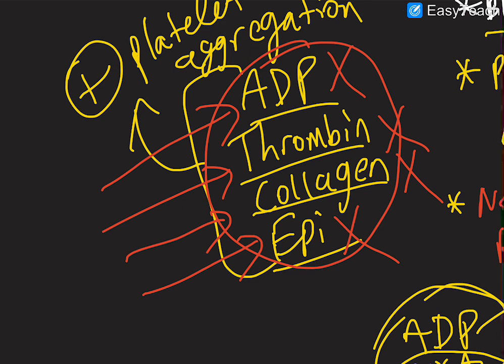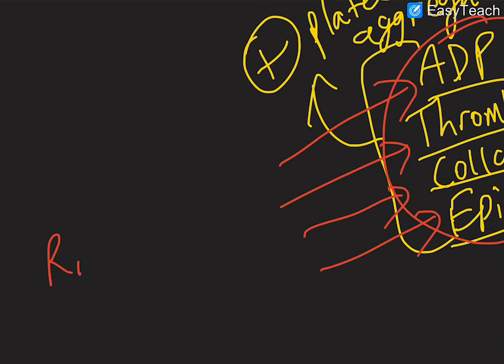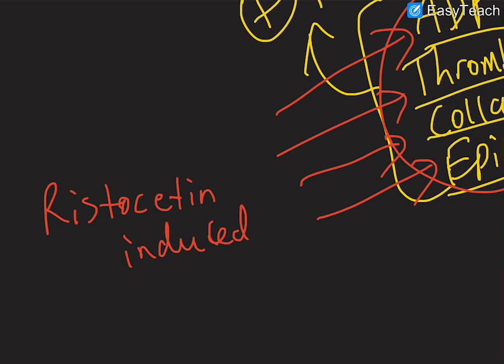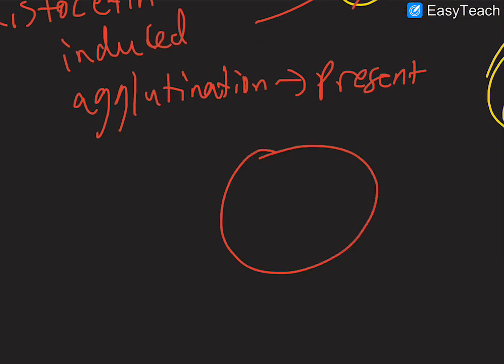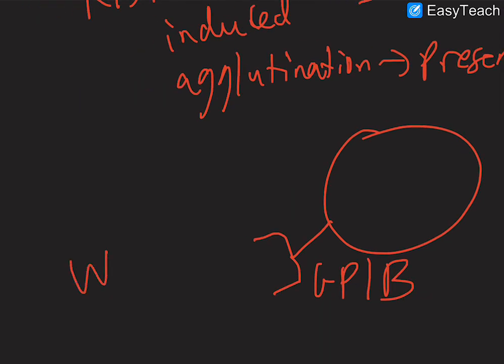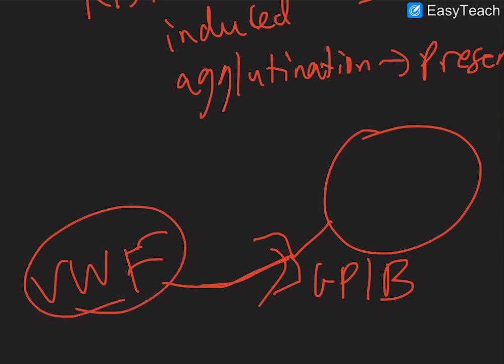But if you give ristocetin, that'll be a normal response. Ristocetin-induced agglutination will be normal, will be present. Why? Because your platelets have functional and normal amounts of glycoprotein 1b. Ristocetin forces von Willebrand factor to bind and agglutinate, which, when talking about the ristocetin test, means von Willebrand factor binding onto glycoprotein 1b.